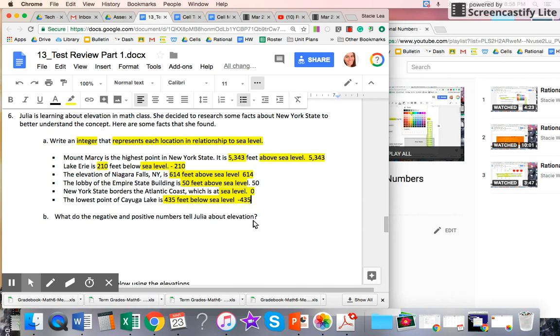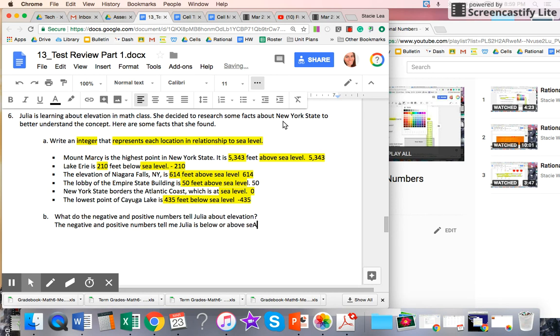What do the negatives and the positives tell you about Julia's elevation? The negative and positive numbers tell me Julia is below or above sea level.